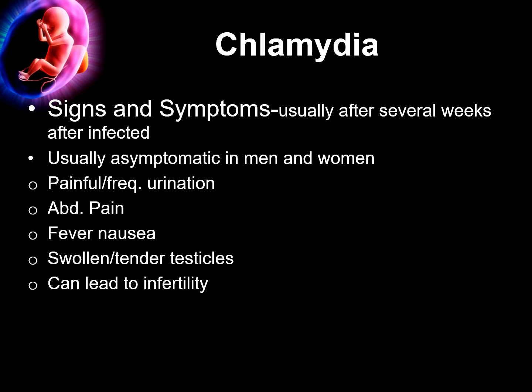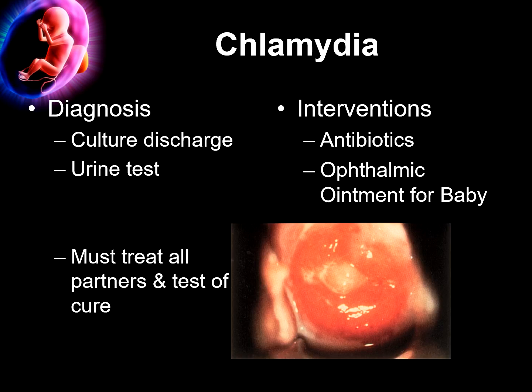It is the chief cause of tubal scarring with pelvic inflammatory disease; it travels through the cervix and could infect the uterus and the fallopian tubes. So this is very, very important that we assess for chlamydia. And as we said, there may be yellow discharge with chlamydia.